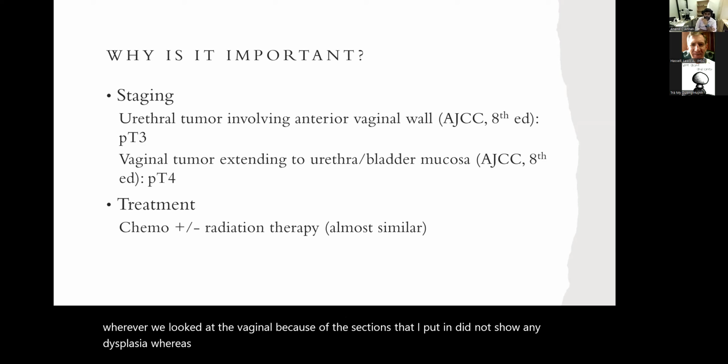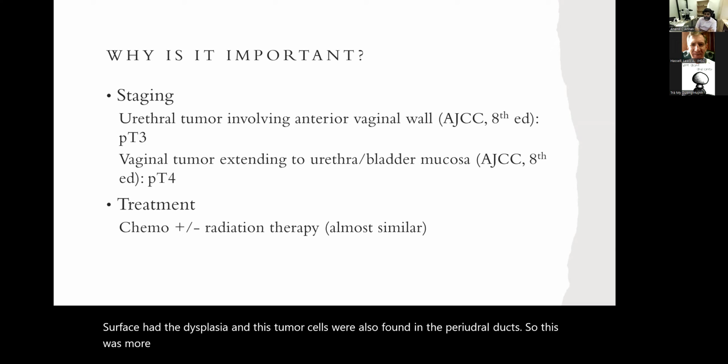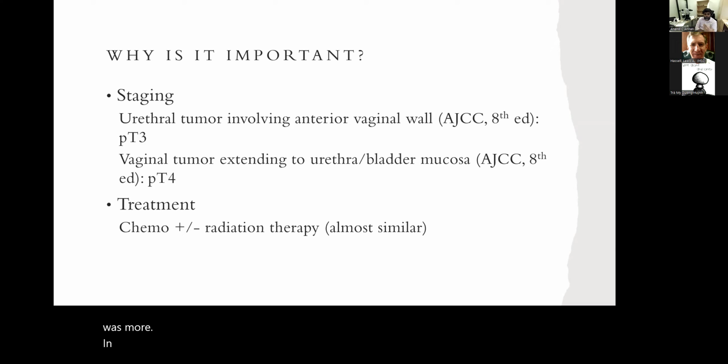Whereas the urethral surface had the dysplasia, and the tumor cells were also found in the periurethral ducts. So this was more in keeping with a primary urethral tumor with squamous cell differentiation extending into the vaginal wall.